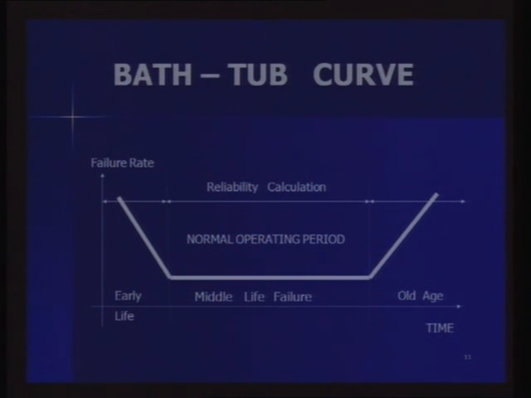When a child is born, at least up to 6-7 years, frequently the child falls ill. That we call the failure rate. So if we look at the early period, early life, the failure rate is initially high, and gradually it comes down. That is on the left hand side of this figure.